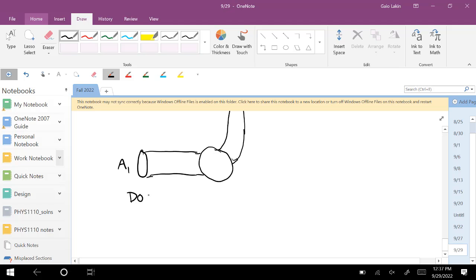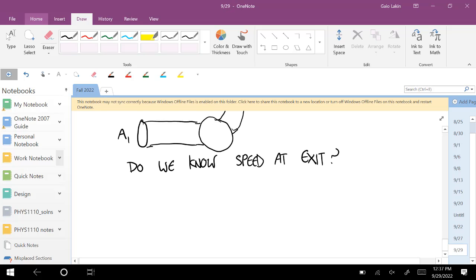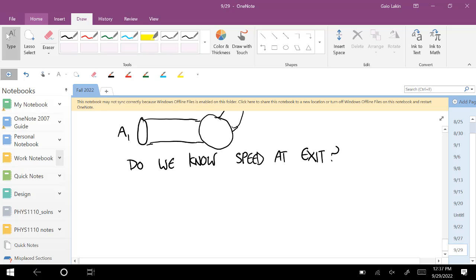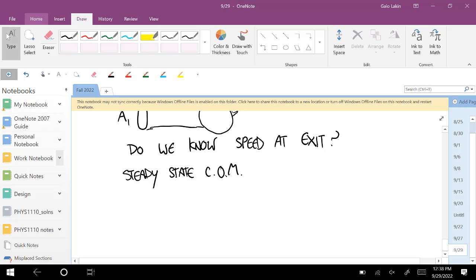Steady state conservation of mass says the mass flow rate at the inlet is equal to the mass flow rate at the exit.